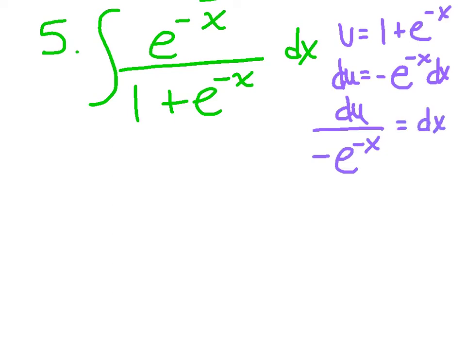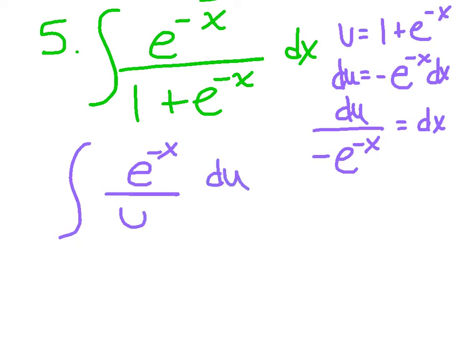The derivative of 1, that constant, should be 0, and e to the negative x times the exponent's derivative, so times the negative. So I've got e to the negative x over u, du over negative e to the negative x.